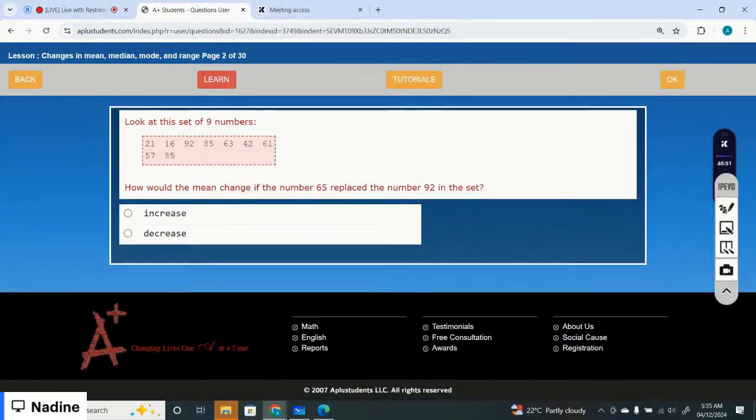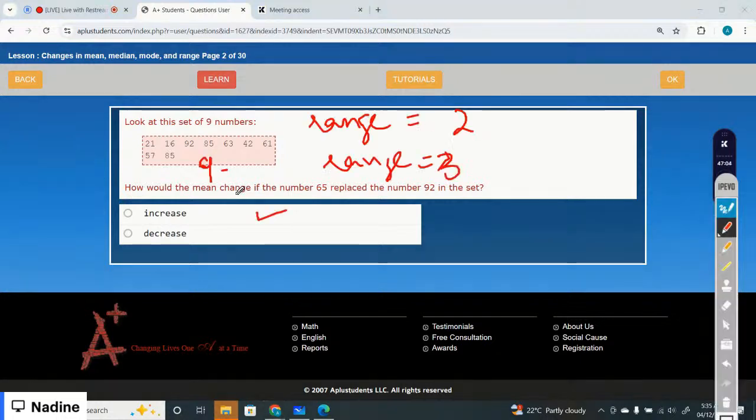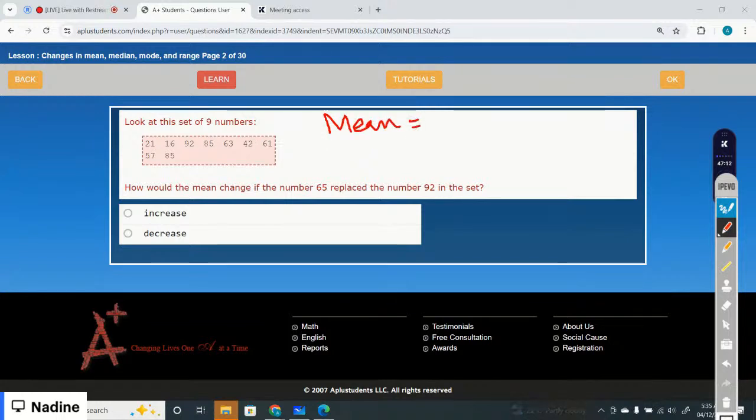Look at this set of 9 numbers. How would the mean change if 65 replaced the number 92 in the set? So the mean of the original set: let's just add and divide.